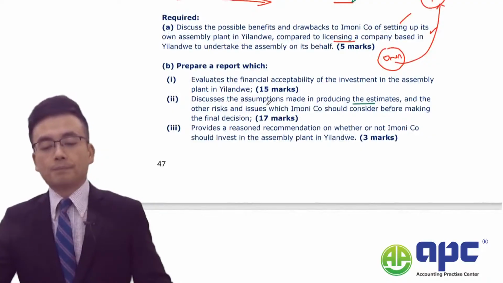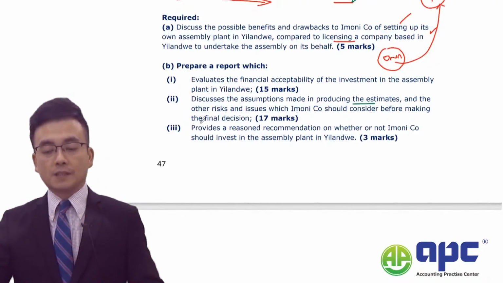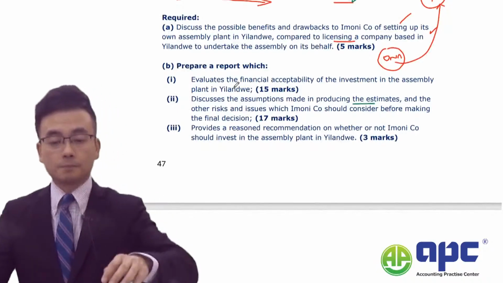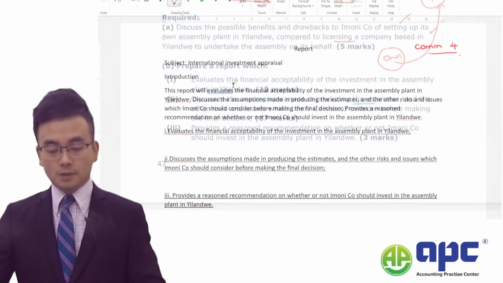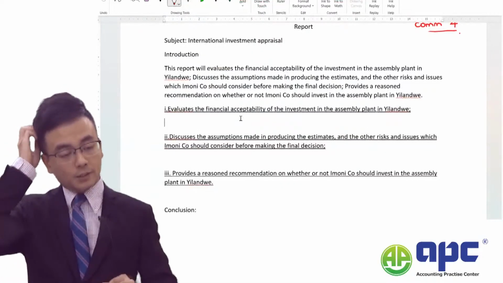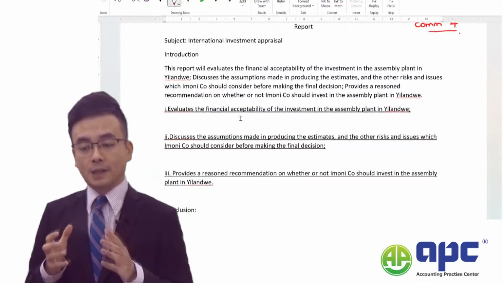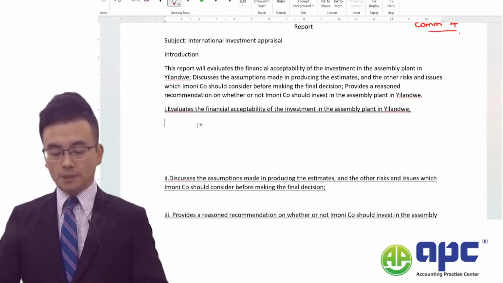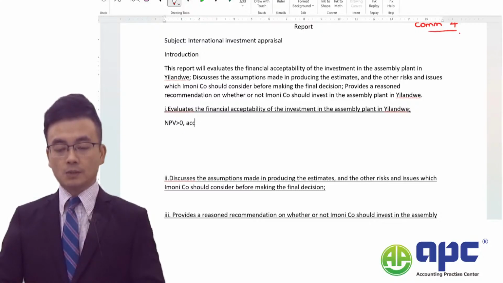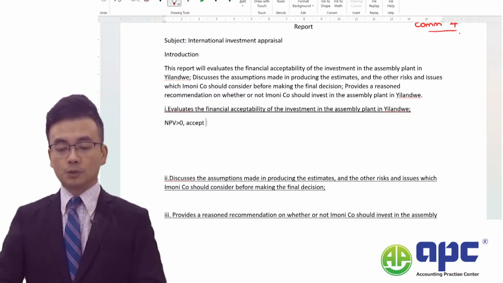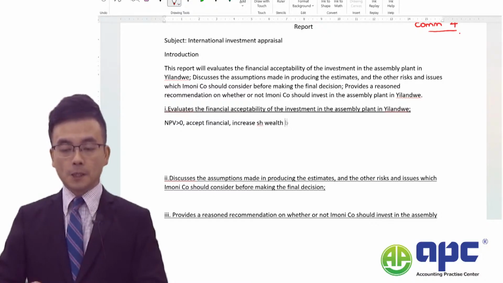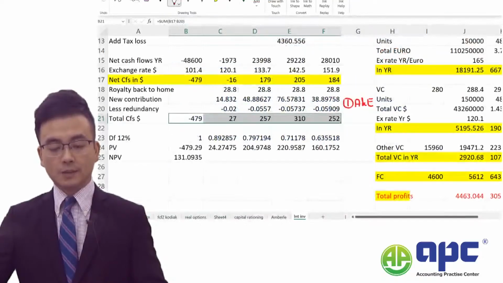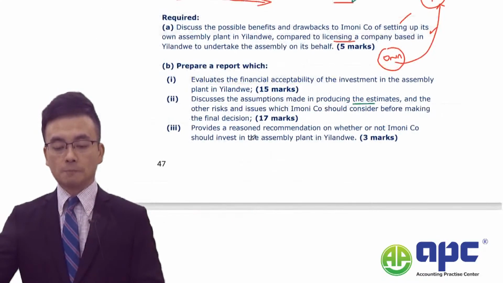Let's answer part 1, 2, 3: evaluate the financial acceptability. All right. So I'd like to say to the examiner, they like to use bullet points here, but you can't use that in the exam, but just for illustrative purposes: the NPV is greater than 0, which means we should accept the project from a financial point of view, because this will increase shareholders' wealth by what we just calculated, based on your result, 131 million.